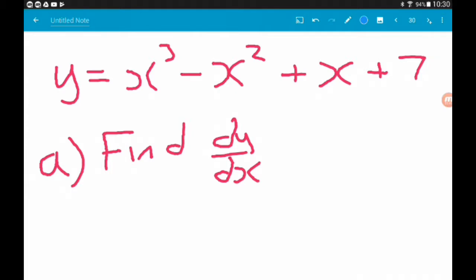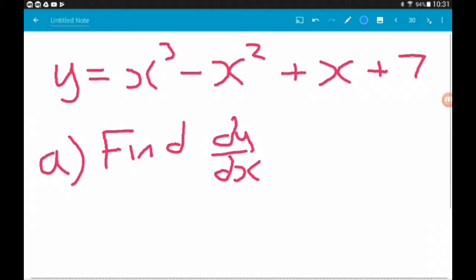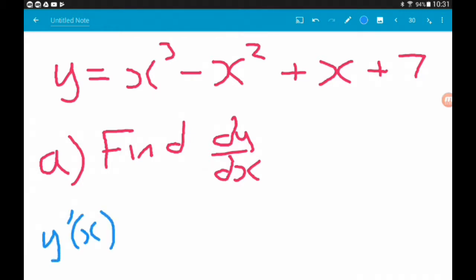Okay, so for the first example, we have y equals x cubed minus x squared plus x plus 7, and we want to find dy by dx. So, we're going to get y dash of x, which remember is dy by dx, just alternate lazy notation.